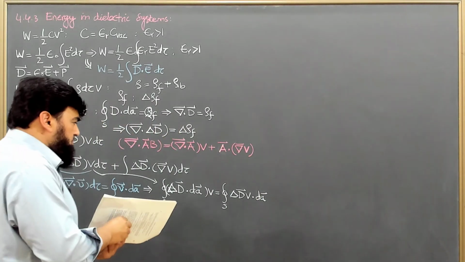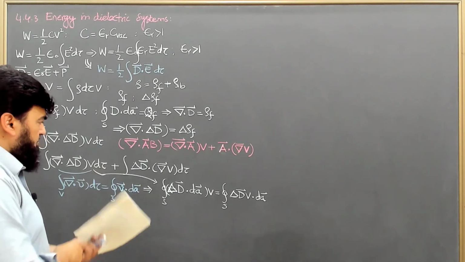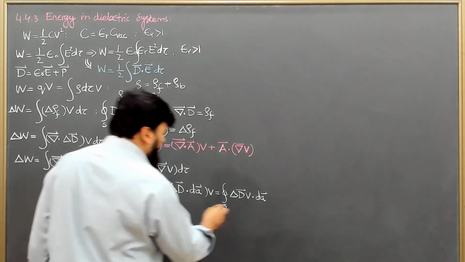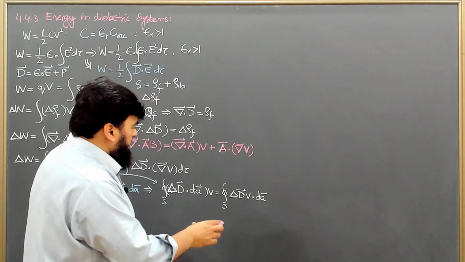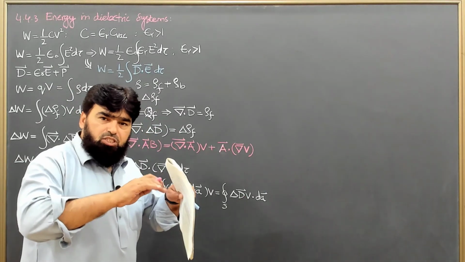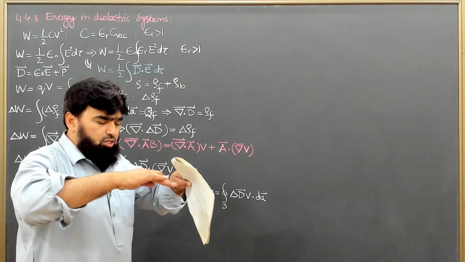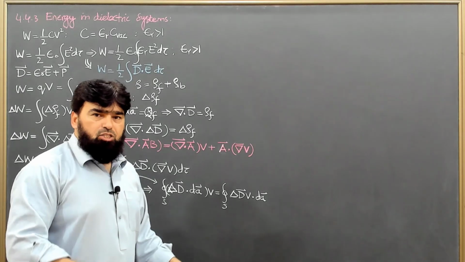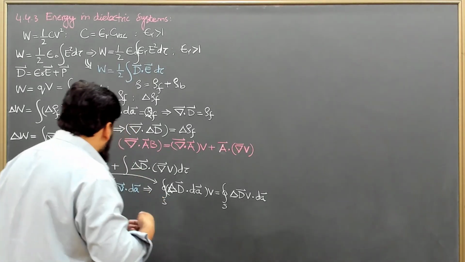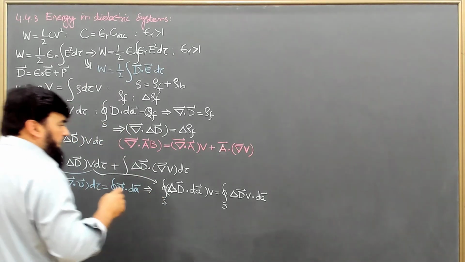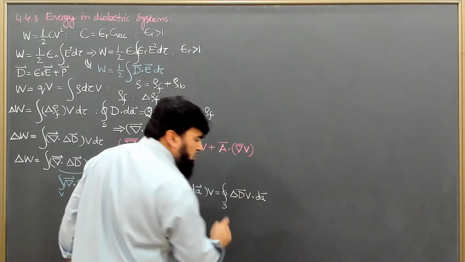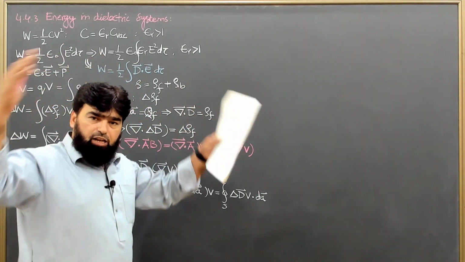Now this term basically vanishes to zero. The reason is that if we take a closed surface and increase its area, making it a very big surface, then D and V both drop to zero at infinity.